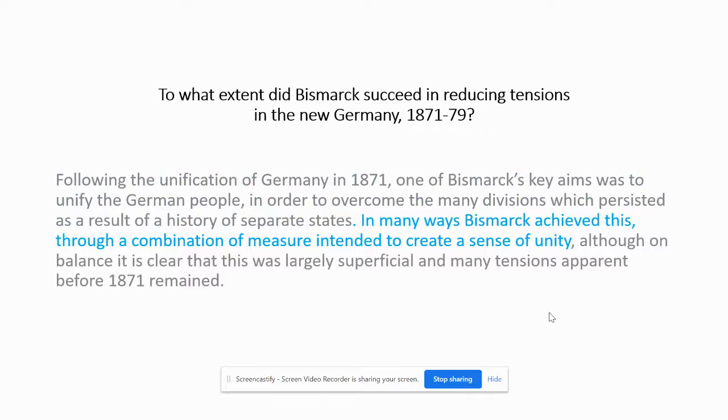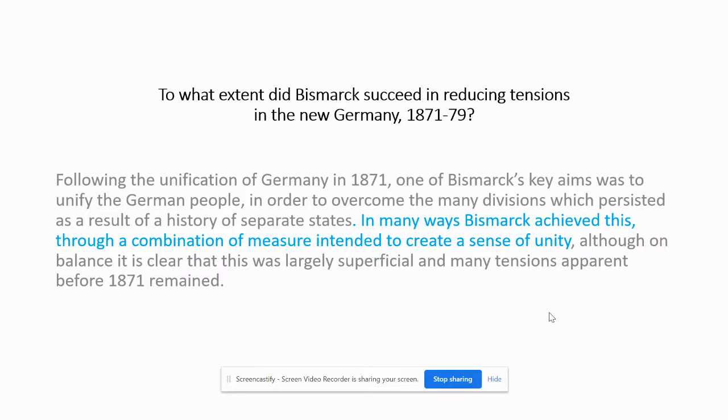And then introducing the answer to the change part of the question. In many ways, Bismarck achieved this through a combination of measures intended to create a sense of unity. And we would expect then in their paragraph about that creation of a sense of unity for the student to talk about what those measures were.